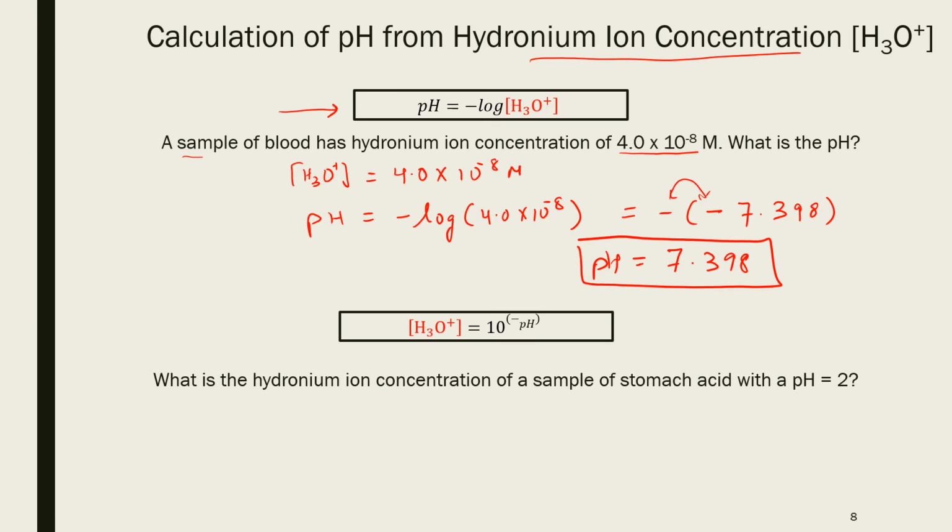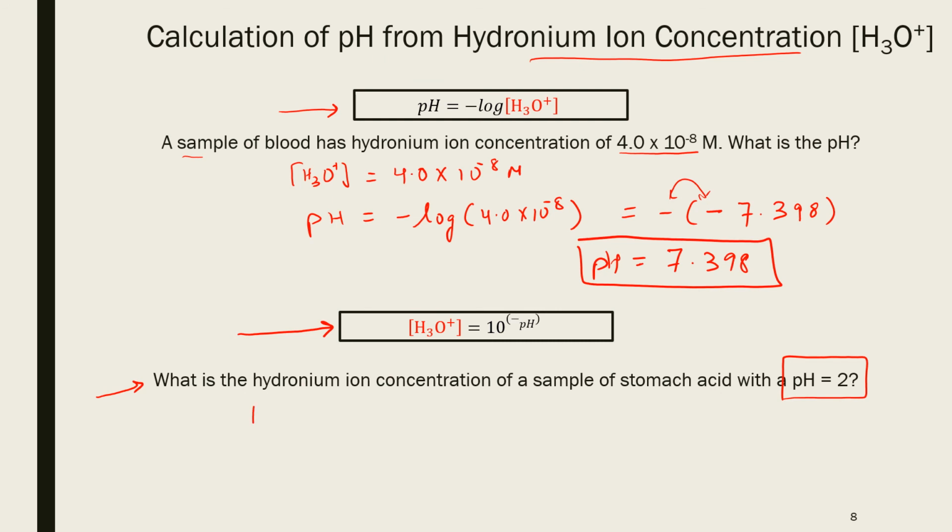In many cases, the pH value will be given to us and we would like to calculate the concentration of hydronium ion. In that case, we can apply this equation to calculate the concentration of hydronium ion if the pH value is given. Let's take a look at this problem. In this case, a sample of stomach acid is given and its pH value is 2, and we would like to find how much hydronium ion concentration is there.